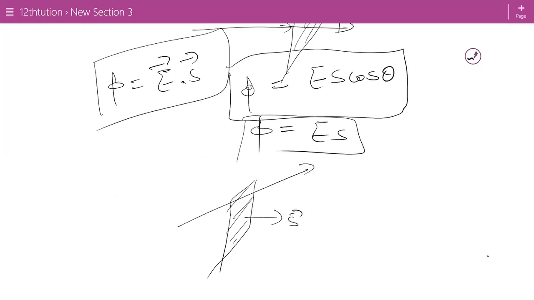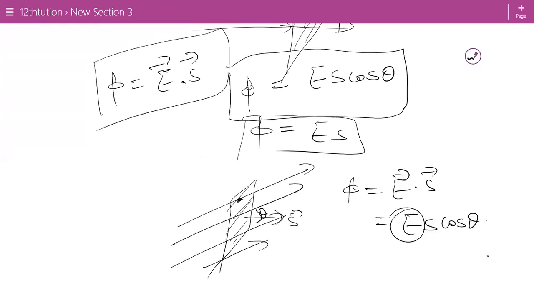If electric field lines are like this, then you take this angle between E and S and you write flux is equal to E dot S, meaning ES cos theta. When you are writing electric flux through the surface, you have to write the electric field exactly at those points of the surface, into the area and cos theta.